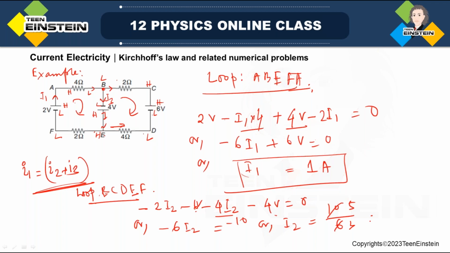So we have got current I2 is equal to 5 by 3. Oh, I'm sorry, just a minute. Yes, so current I2 is equal to 5 by 3.